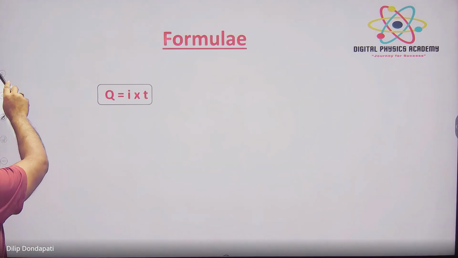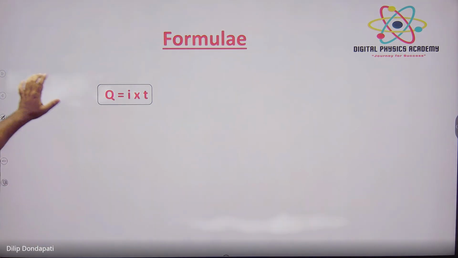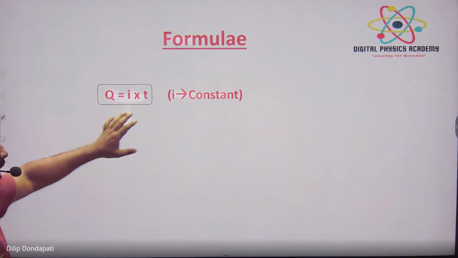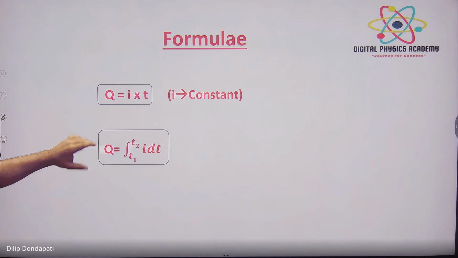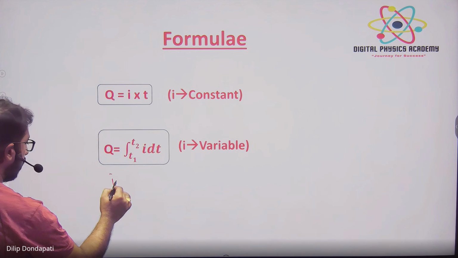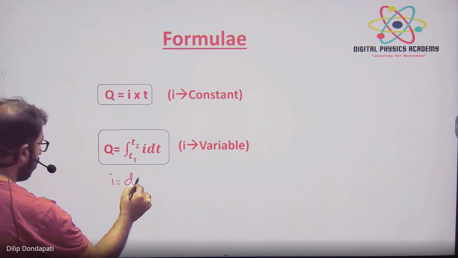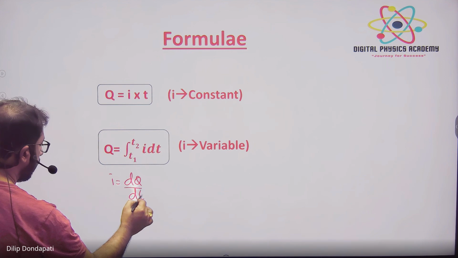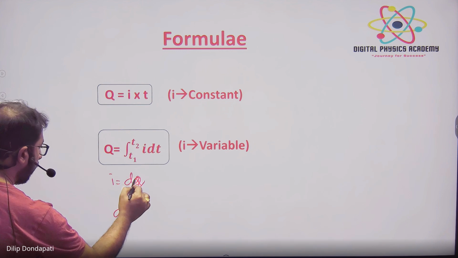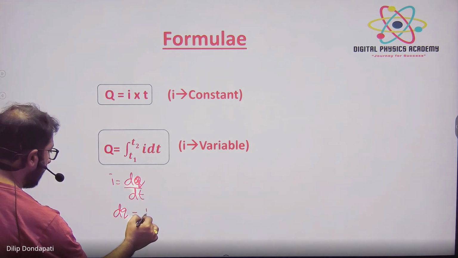For this, suppose the current is constant, then directly Q equal to I t works. If current is varying, then we use this formula. How did we get it? I equal to dq by dt, so dq is equal to I dt.